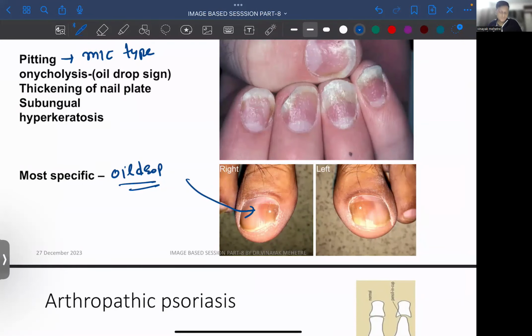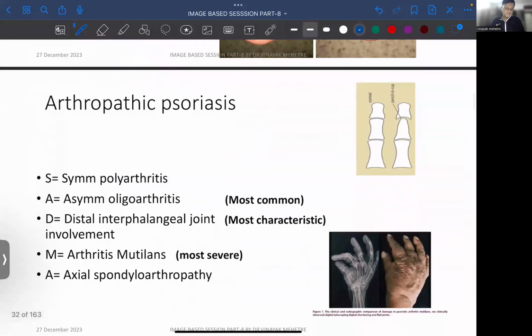Okay, then we come to psoriatic arthritis. Which HLA is associated with psoriatic arthritis? See, when you don't know the answer about arthritis, which HLA is associated, you need to just give the answer blindly.